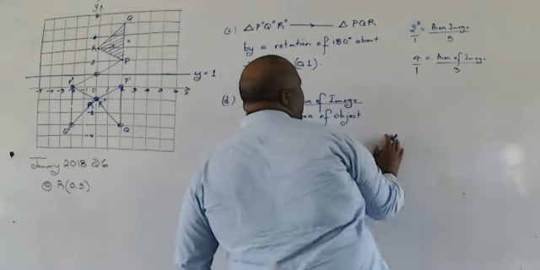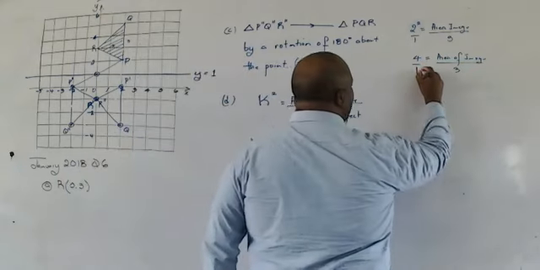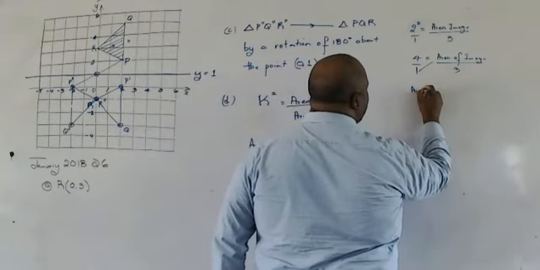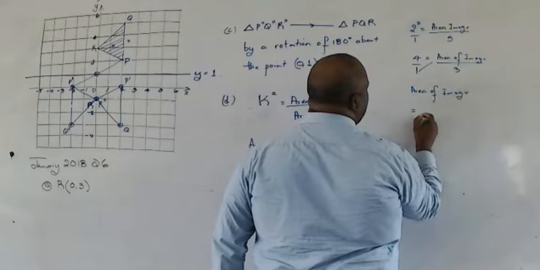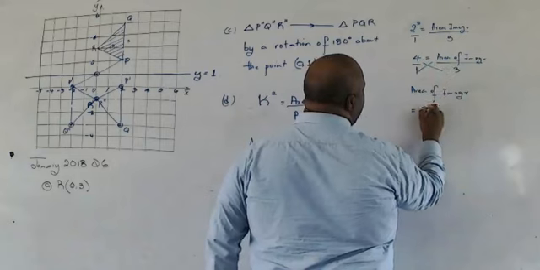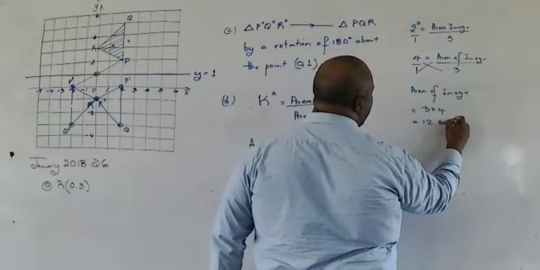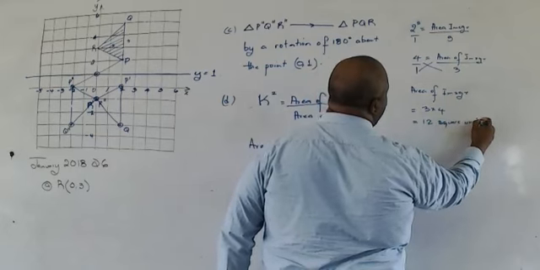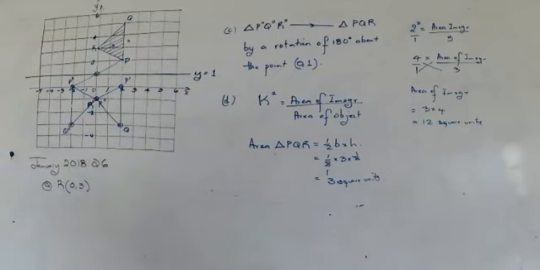If I have one fraction equal to one fraction, what do I do? So the area of image is equal to 3 times 4, which is 12 square units. The area of the image is equal to 12 square units.